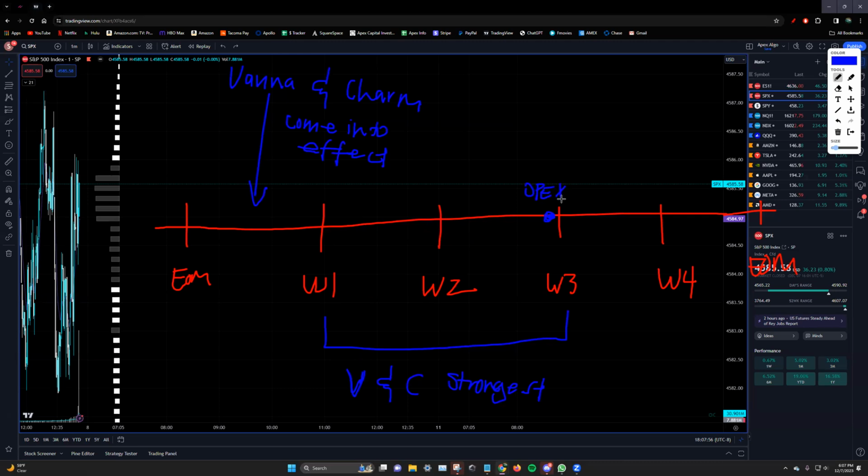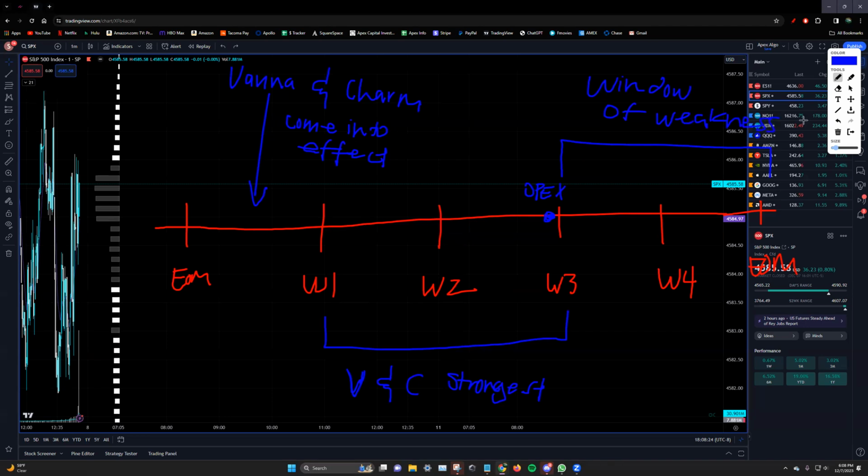At the end of OPEX till the end of the month, it's not that Vanna and Charm lose their effect, it's that this is what's known as the window of weakness, right? Basically they don't have as strong an effect or they're not as effective. So this is known as the window of weakness of the Vanna and Charm.